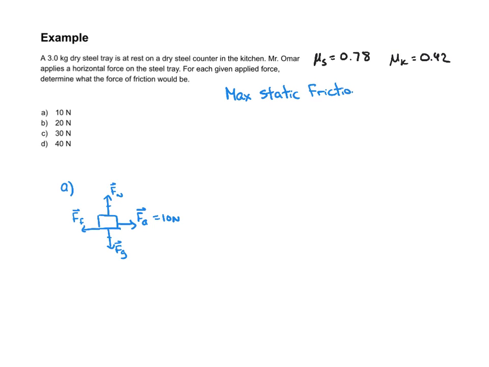So static friction, if you recall from the previous video, can take on a whole range of values from 0 newtons all the way up to some kind of a maximum value.